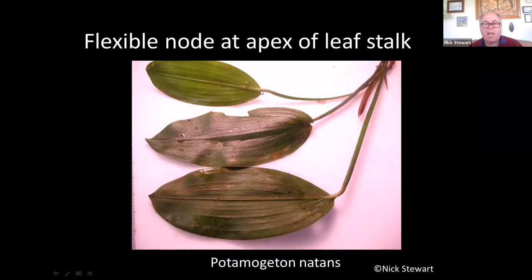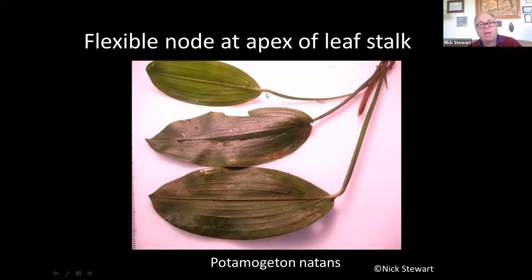It's a flexible bit of stem which allows the plant, when it gets to the water surface, to position the leaf wherever it fits better on the water surface, so that they're not overlapping. It does mean that there tends to be very often a slight angle where the leaf gets to the water surface, which you can often see from a distance.